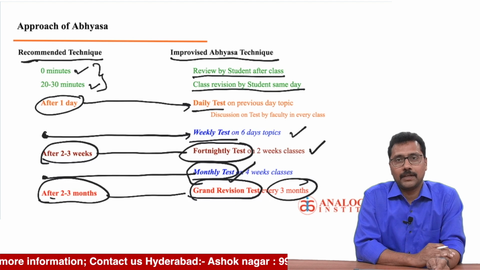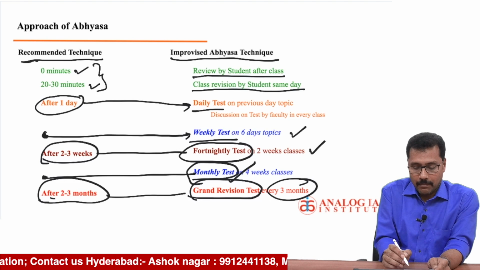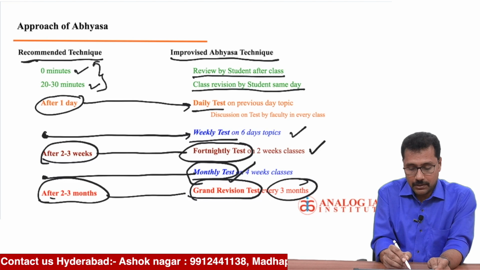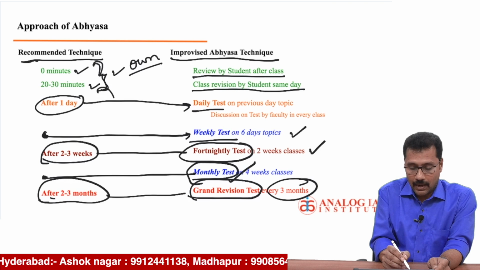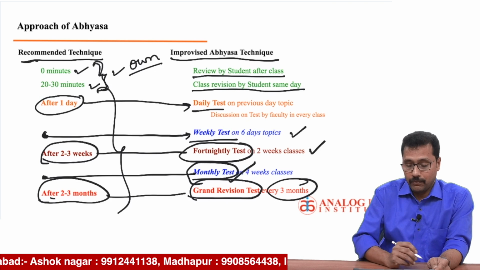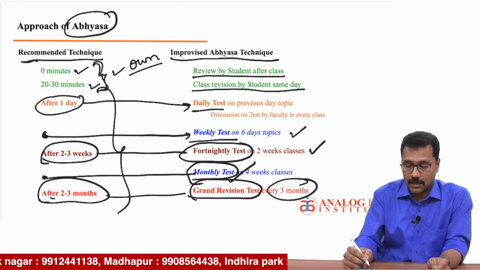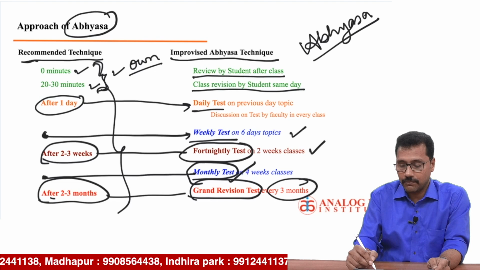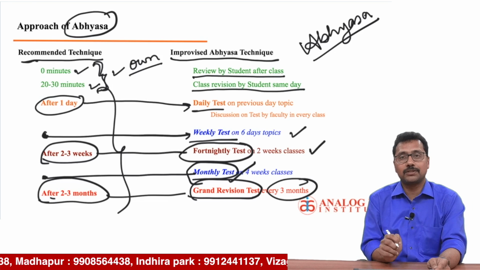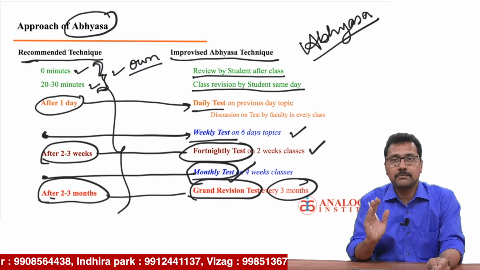That means if you can do the first 2 steps on your own, then the rest of them we can do through a program called Abhyasa. So Abhyasa will take care of the rest of those tests and revisions that you are supposed to do for your long-term memory.